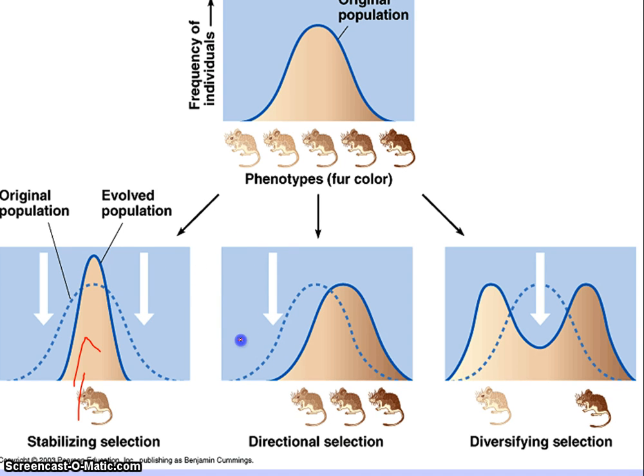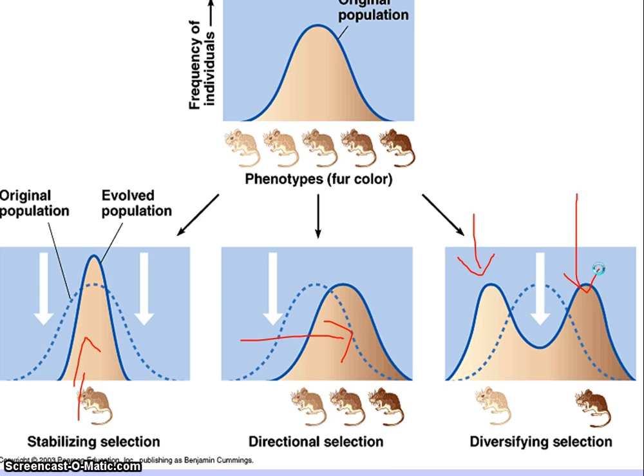Directional selection shifts it, so it's going to favor one of the extremes, and maybe that would be like insects and then spraying insecticide on them. The last one is disruptive or diversifying selection, and you can see here that it does favor the extremes and does not favor the intermediate. This is probably due to environmental conditions that vary so much.